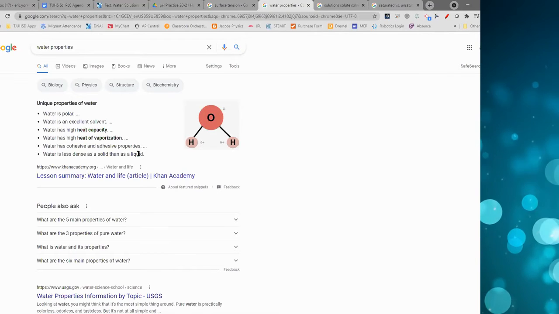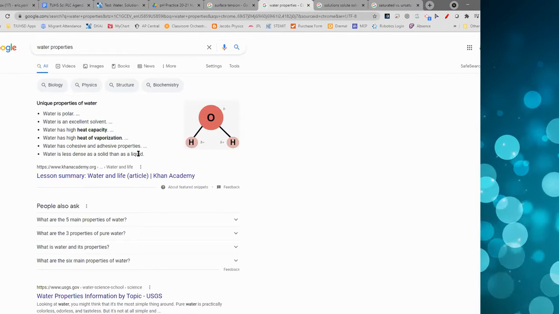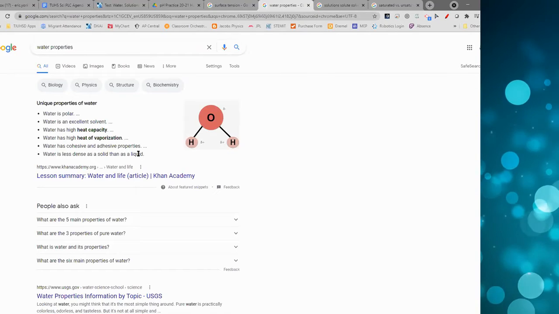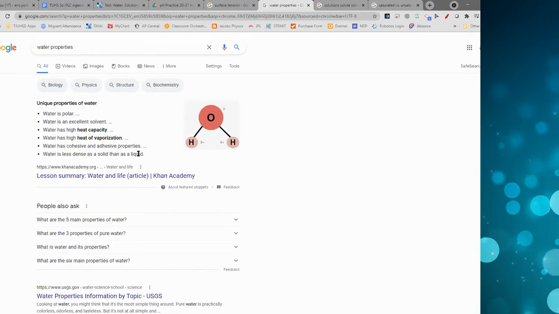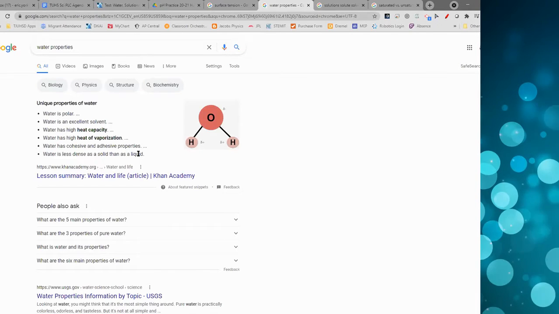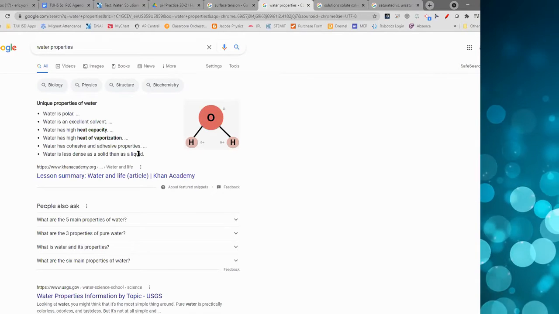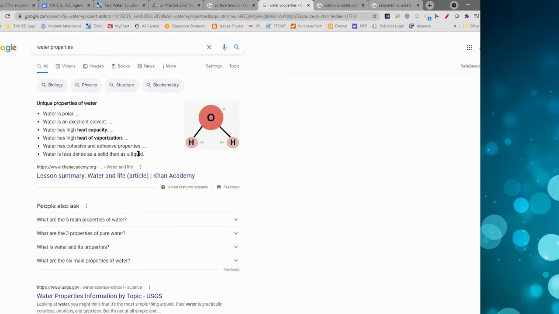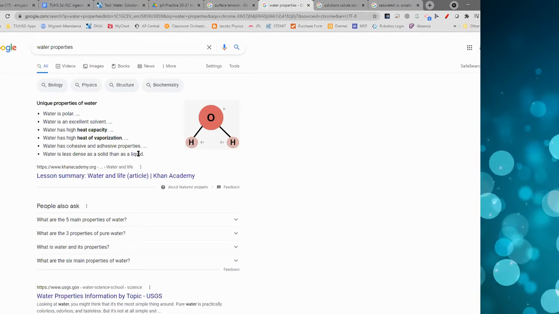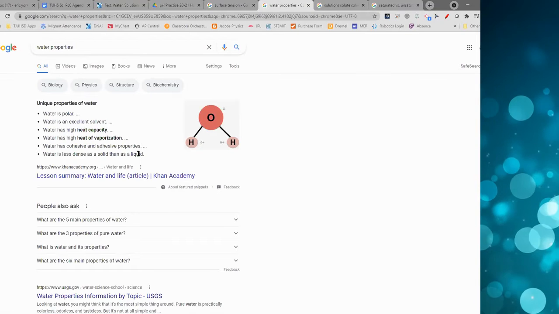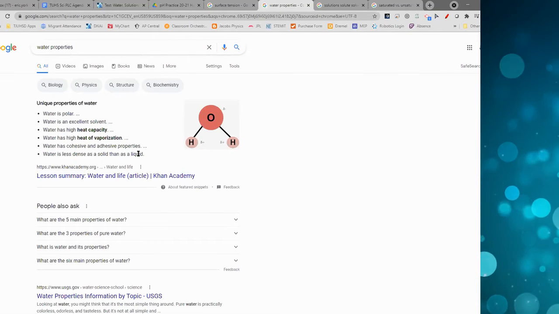Also, we find that water is less dense as a solid. Most things, when they become a solid, become more dense and sink. However, water is unique in that when it becomes a solid, it actually becomes less dense and floats. And that's really important to life on Earth, because when a pond or lake freezes over, we only get ice at the very surface, which allows fish and other life forms to still live underneath it.